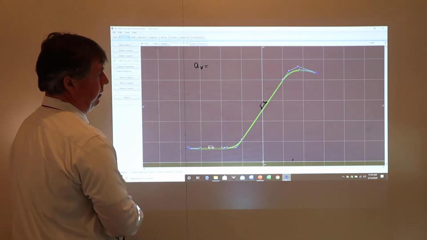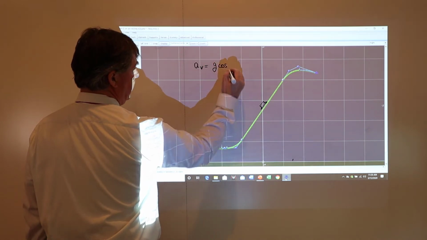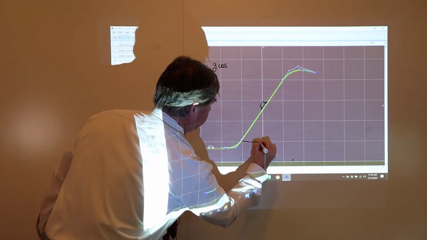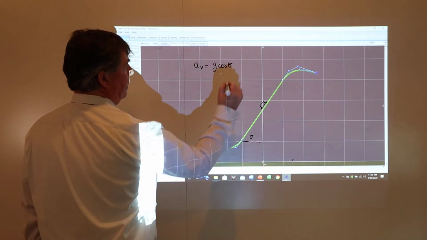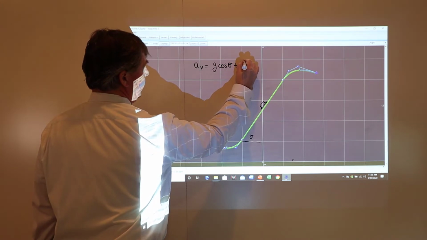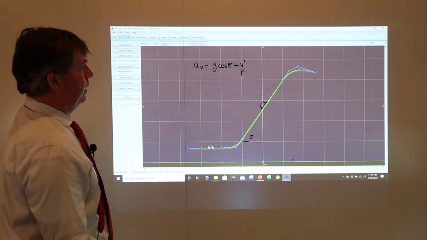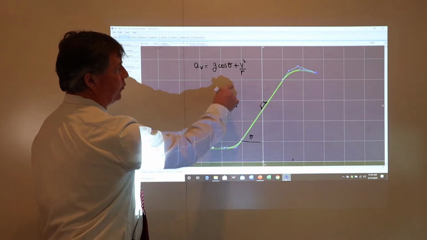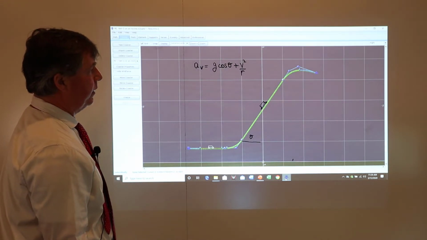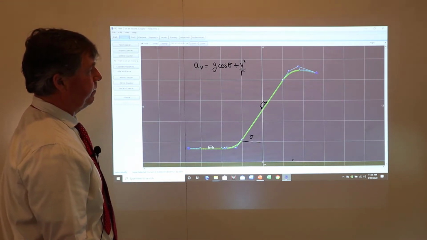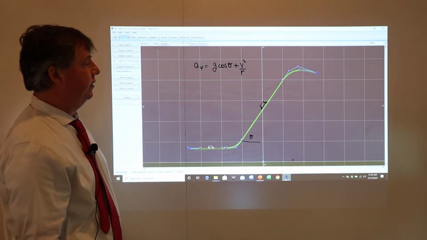Now the general equation for vertical acceleration is g cosine of this inclination angle, call it Greek symbol theta, plus v squared over r. Sometimes these point in the same directions, so you add them. Sometimes they point in opposite directions. And throughout this presentation, I'll demonstrate points along the track where they have opposite directions.